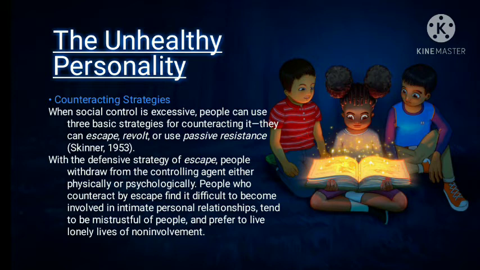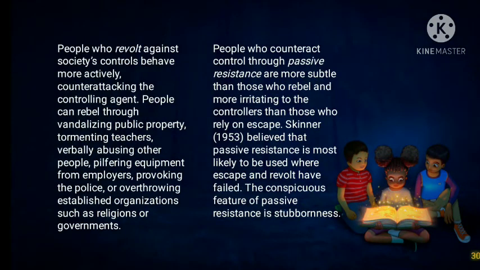Sa escape, magpalayo sa controlling agent ang tao either physically or psychologically. Sa revolt, mag-counterattack sila sa controlling agent, like mag-vandalize og public property, tormenting teachers, and etc. Sa passive resistance, ang conspicuous feature niya is stubbornness. For example, mangita og daghang rason ang bata kung nganong wala na human iyang homework.